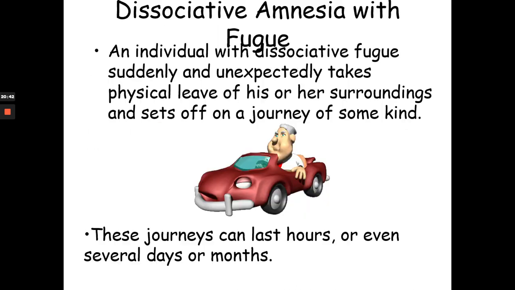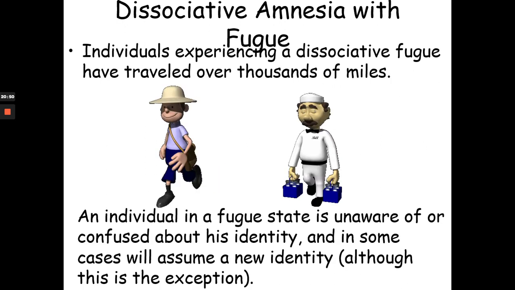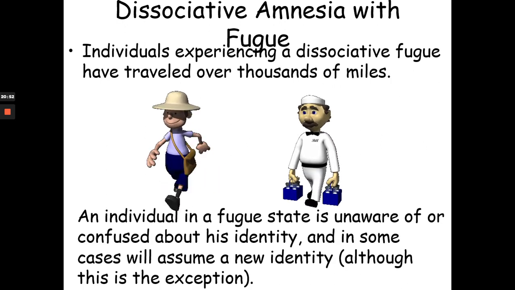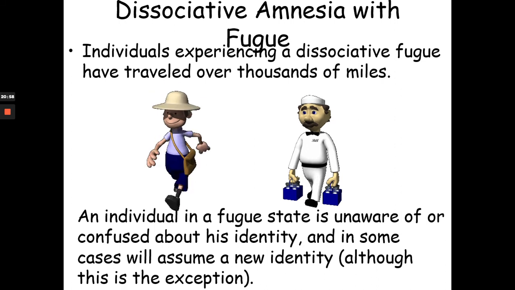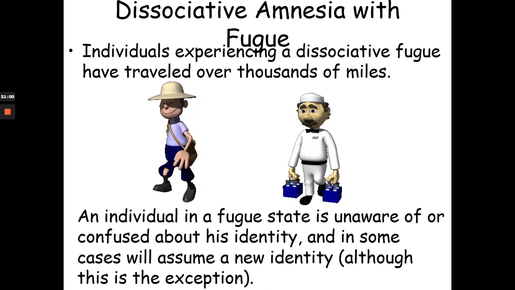And dissociative amnesia with fugue is when you leave and you go on a journey of some kind. It is rare, but some people will take on a new identity, and you'll find them sweeping floors in a truck stop in Kansas or something. That's rare, though. That's the stuff of soap operas.